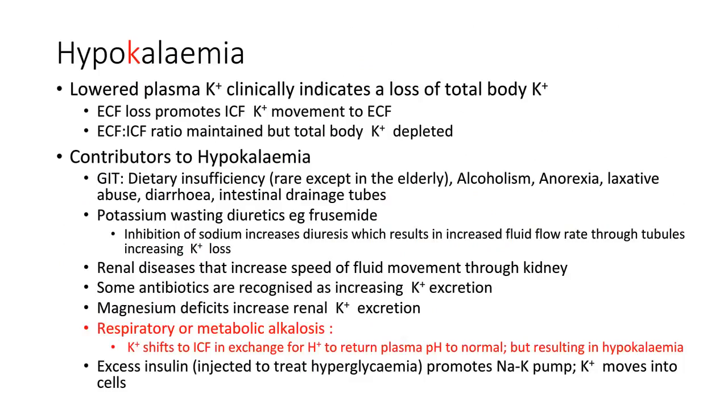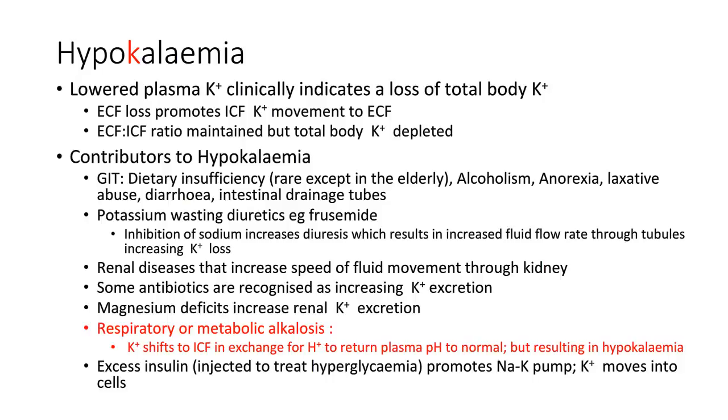So in contrast, the contributors to hypokalemia tend to be things like dietary insufficiency in the elderly, alcoholism, anorexia, overuse of laxatives, diarrhea, or things like intestinal drainage tubes. The potassium wasting diuretics include furosemide. It inhibits sodium, increasing diuresis, which results in increased fluid flow rates through the tubules and increases potassium loss.